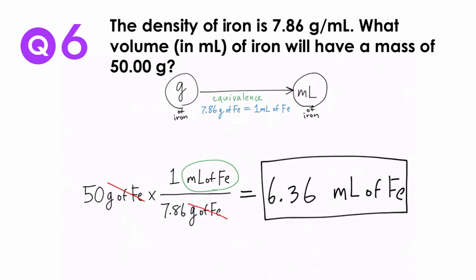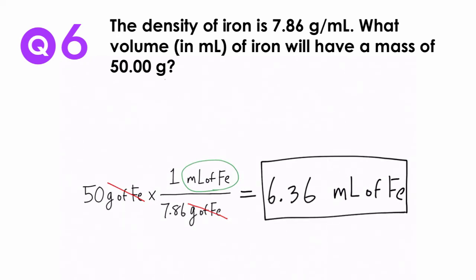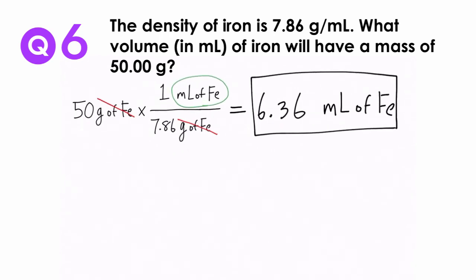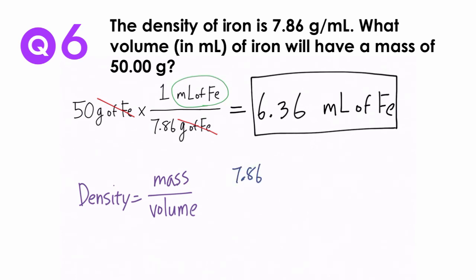If you remember the formula for density, which is density is mass over volume, you can plug in these numbers. 7.86 grams per milliliter is equal to 50 grams over volume. You can solve for the volume. And yeah, that's true.